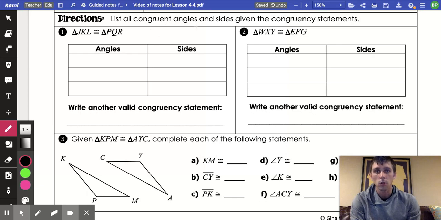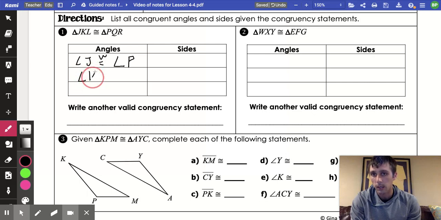So list all congruent angles and sides given the congruency statement. All right, so triangle JKL is congruent to triangle PQR. So therefore, angle J is congruent to what? J is in the first one here, P is the first one here, so it's congruent to angle P. Then we go to the next one.